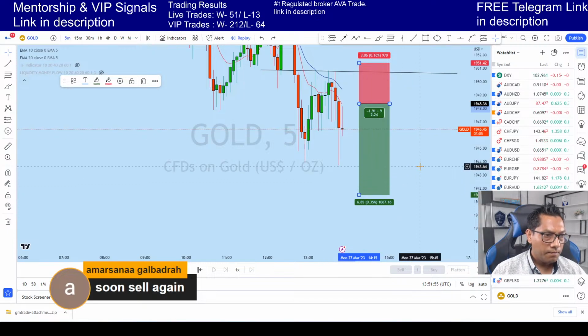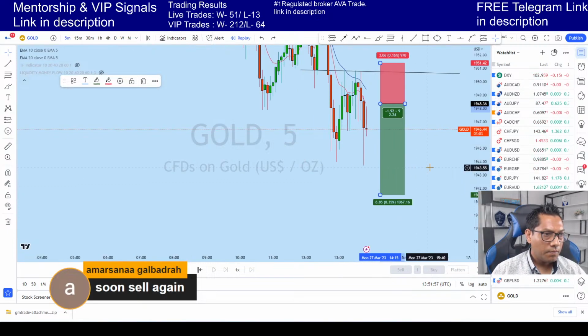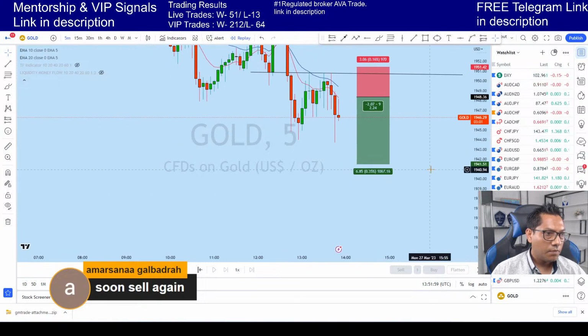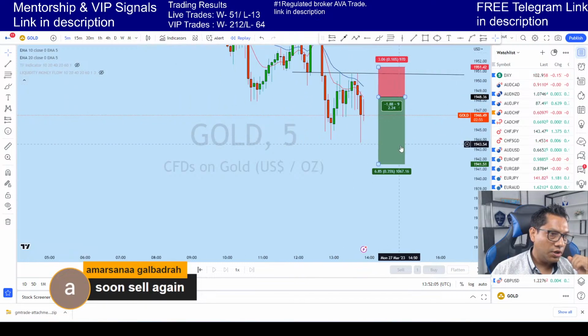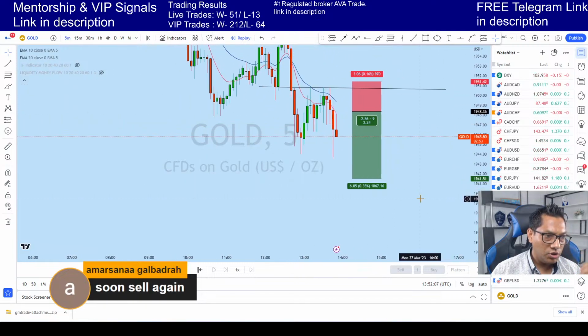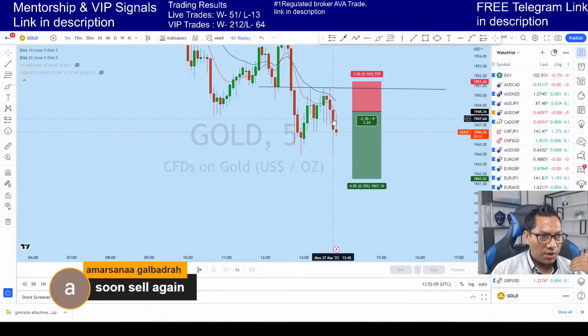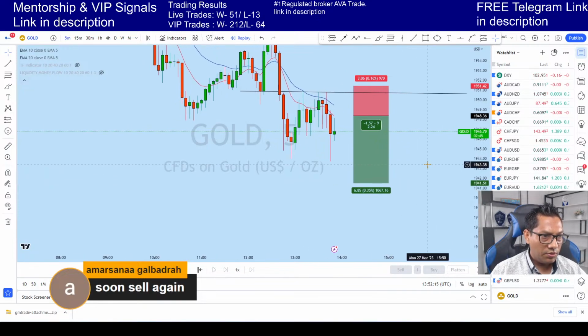For me it's still bearish, guys. You see, there is a head and shoulder here. With that head and shoulder, the price tested the neckline. We should be seeing a bearish movement.